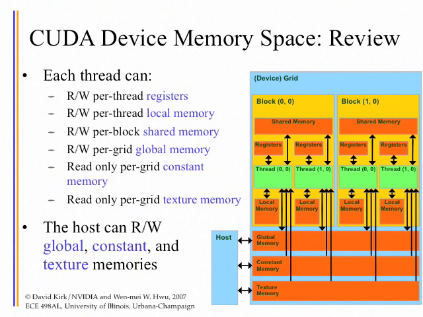But we'll probably talk about it in a couple of the case studies that give you additional experience and insight into how people build real applications on this kind of chip. And texture memory is actually interesting for certain types of applications. So the host can read, write global, constant, and texture memory. And so that's the programmer CUDA programming model view.